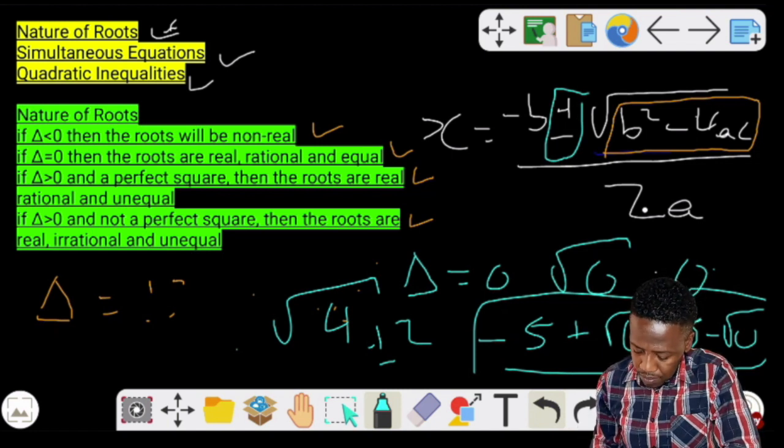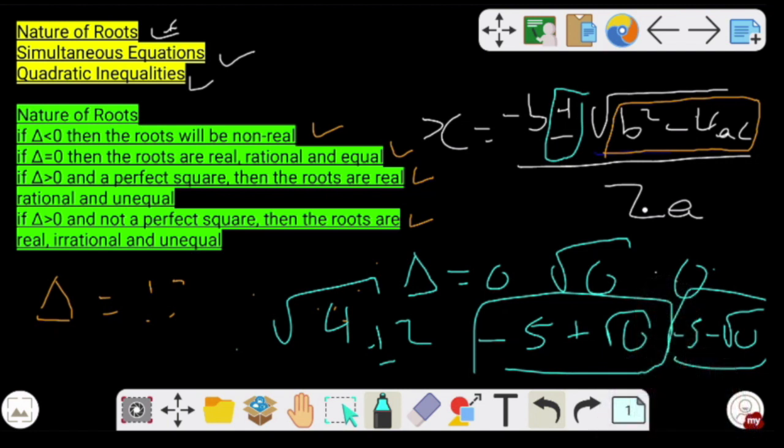And the last part is if the discriminant is greater than 0 and not a perfect square, then your roots are real, irrational, and unequal. Again, let's say you have the square root of 10, which is irrational, but it's real, and again it's unequal.